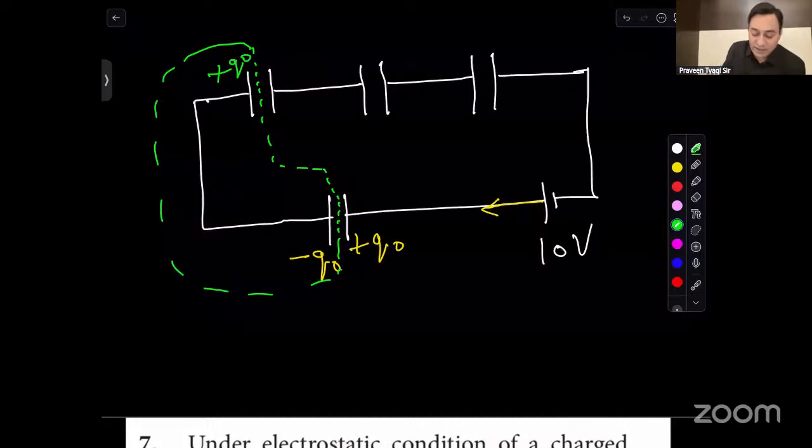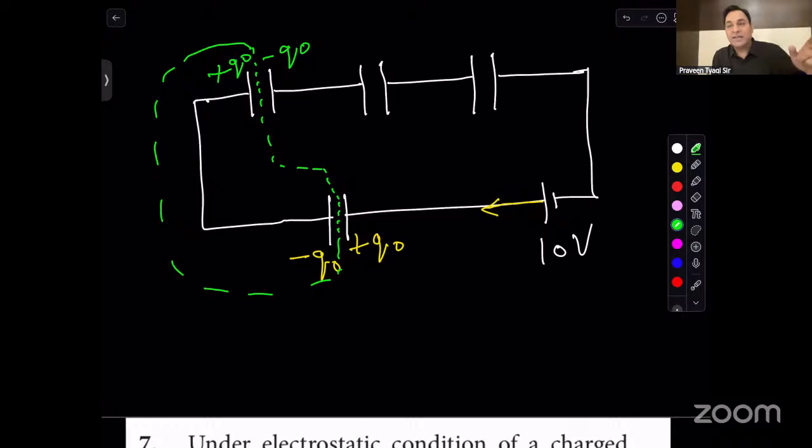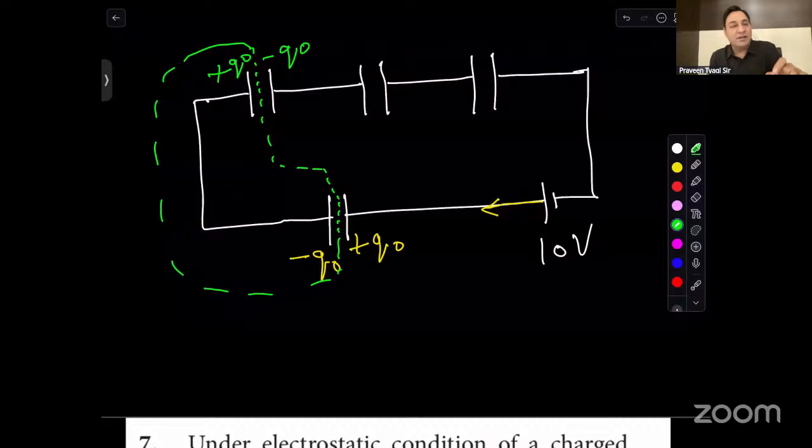And that's why when you have capacitors connected in series, this will be plus Q naught, and this plate will have minus Q naught. And why is this plus Q naught and minus Q naught happening? I explained that to you using Gauss theorem, that for a parallel plate capacitor, how we find the electric field in between and how we arrived at the result that the inner plates will have plus Q naught and minus Q naught charge.